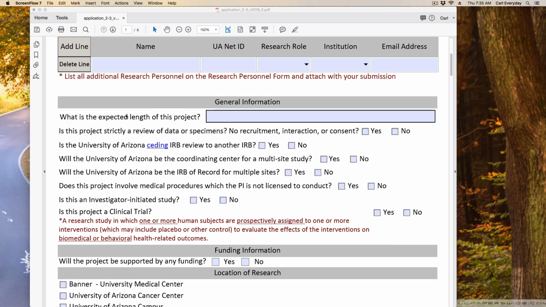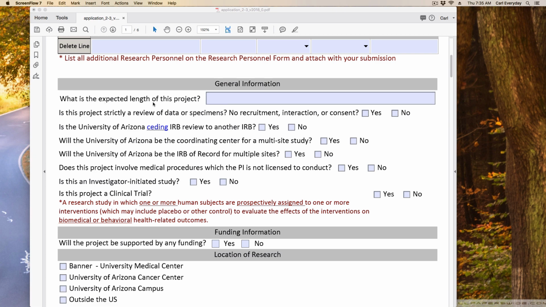The first section is about general information, so expected length of the project. For your projects, figure about 6 months. That gives you time to recruit and actually get your project started, get initial data collected, get any maintenance data collected, and then wind up the project by getting feedback on the project back to the people involved in it, and then completing project closure documents through IRB.